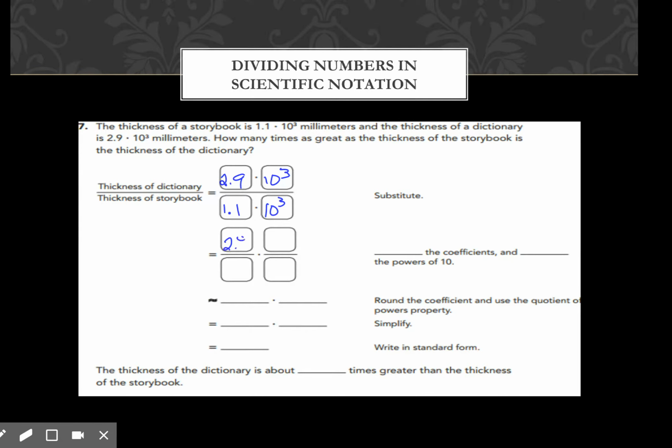Again, I'm separating my coefficients. 2.9 divided by 1.1 is approximately 2.6. I'm just rounding to the tenth. And then 10 to the third minus the third is 2.6 times 10 to the 0 power, which anything to the 0 power, remember, equals 1. So this is simply 2.6 times greater. We don't even need to put that in exponent form because it's just 2.6.